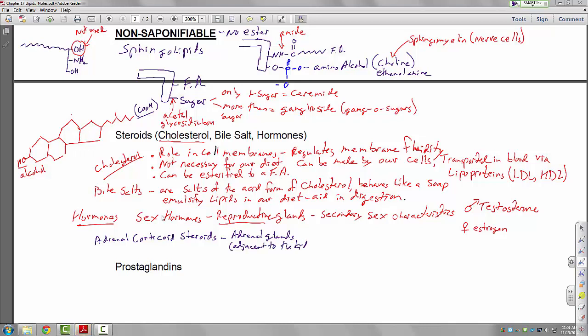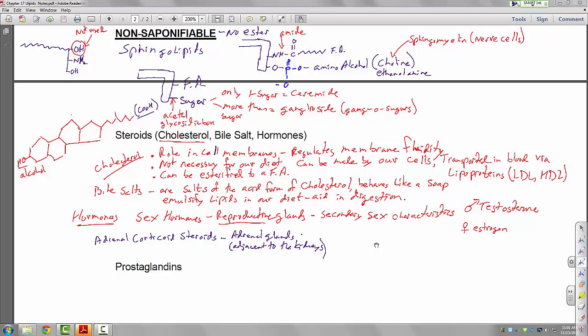You don't have to worry about, just like I'm not going to ask you about the whole shape of cholesterol, I don't expect you to be able to look at one of these hormones and tell testosterone from estrogen, or tell cortisone from aldosterone.